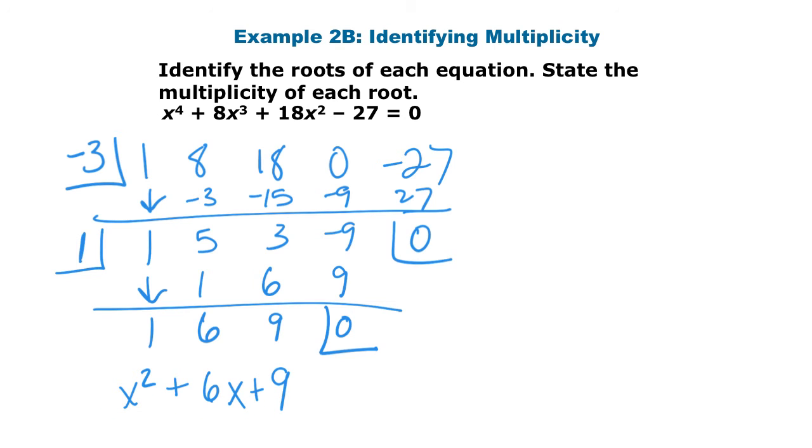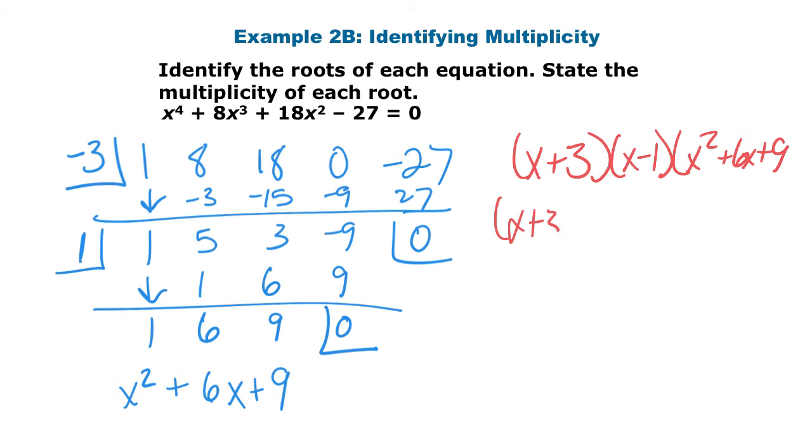And so right now, I know that I could rewrite this as x plus 3, that's because -3 was a factor, times x minus 1, because +1 was a factor, times x squared plus 6x plus 9. And I could keep factoring this last part into x plus 3 times x plus 3.